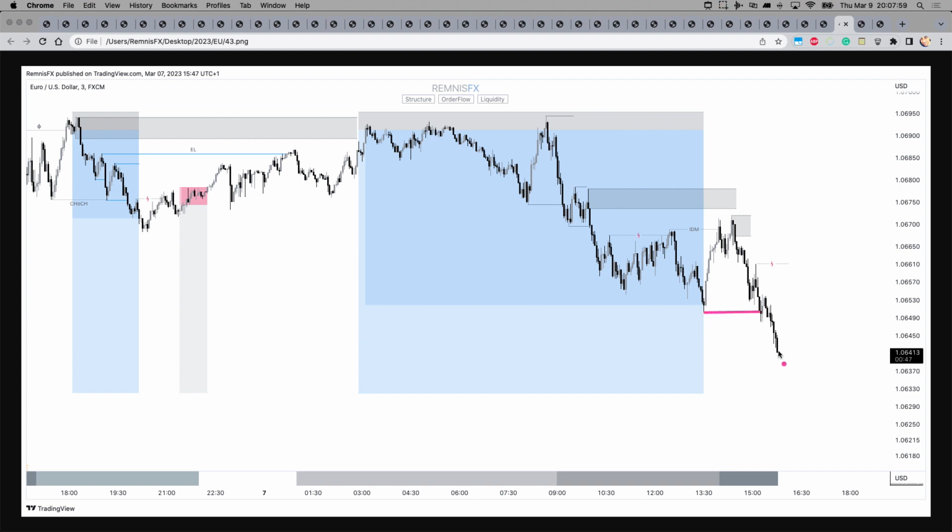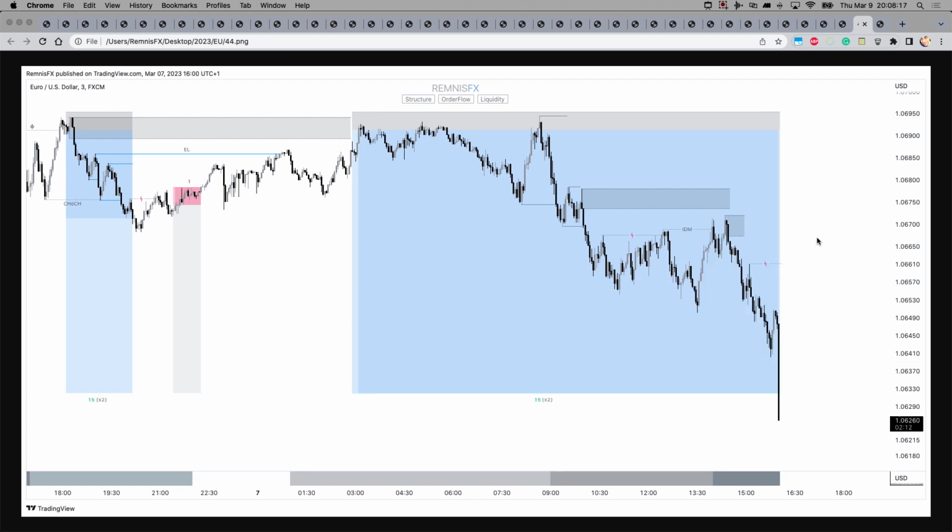So at this point, I was expecting a move like this, or, again, mitigation and then a move to the downside, right? So either scenario 1 or 2. However, boom, I believe this was the time when Powell came out with news, and then boom.